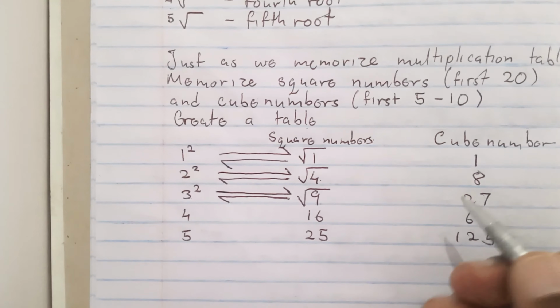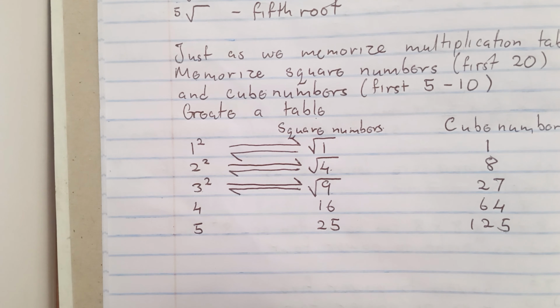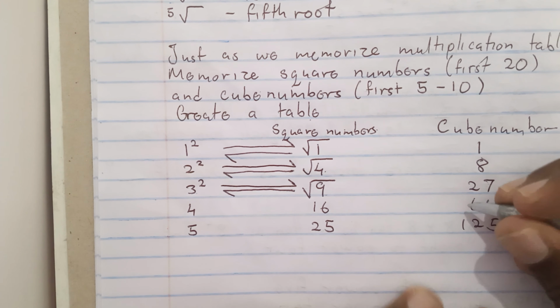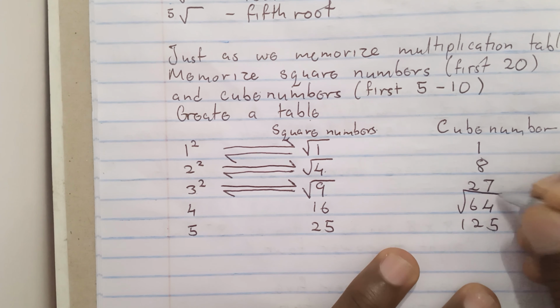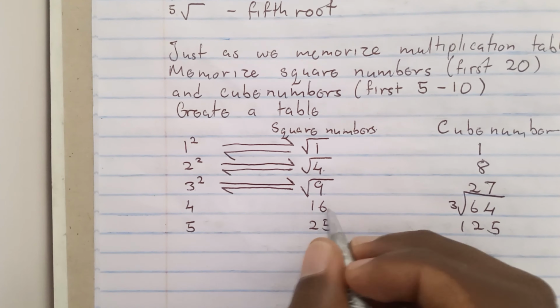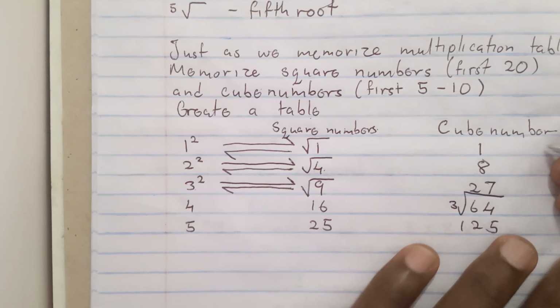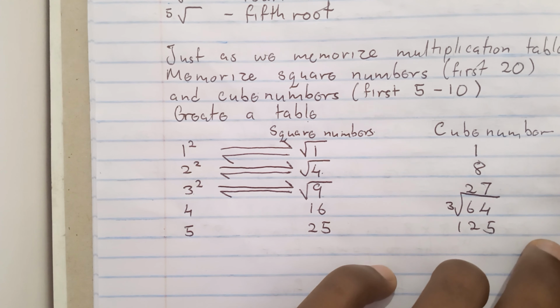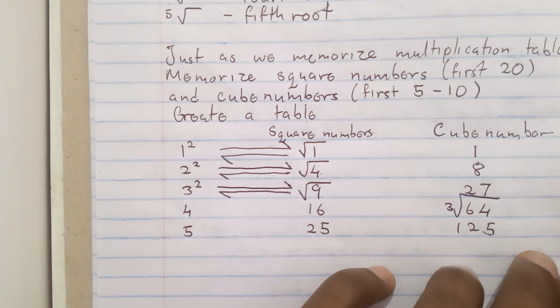Now again, if I'm going backwards, let me work with this one for now. What is the cube root of 64? Of course, I still have to have the numbers here: this is the first, second, third, fourth, fifth.